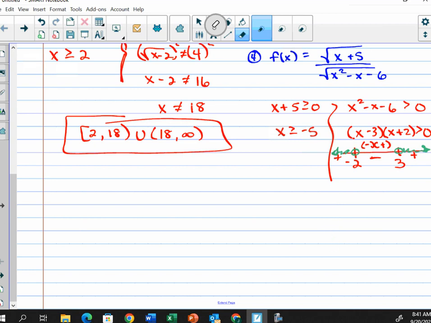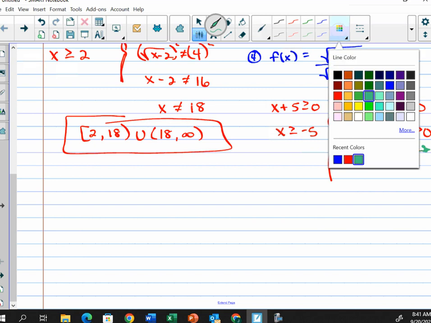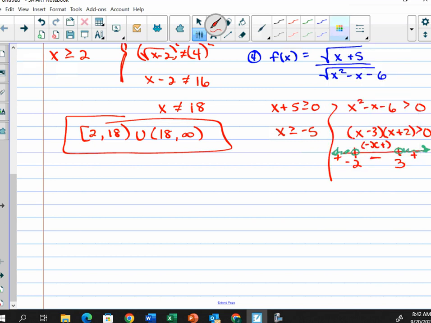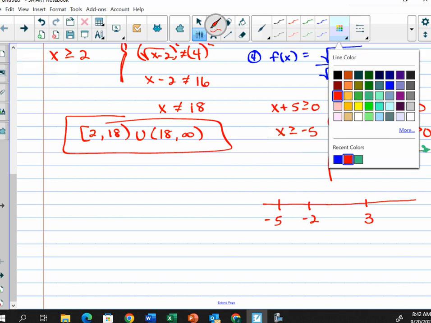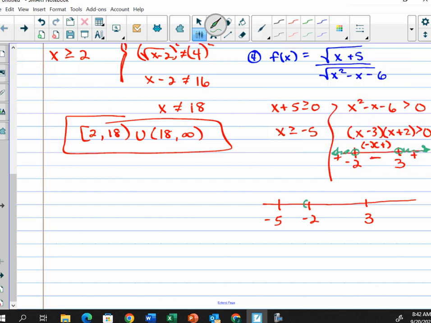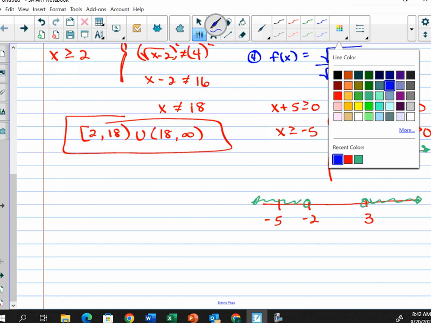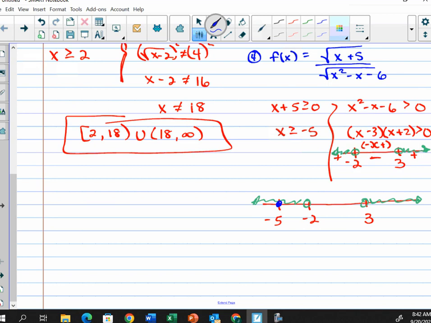Yeah, what is it? Yeah, and let me even just write one big number line because you've got -5, -2, 3. This is just to visually give you your answer. I know that, but then it also has to be greater than or equal to -5.